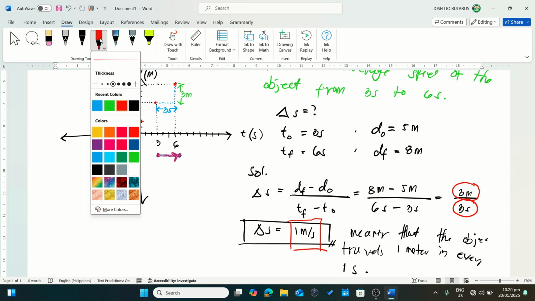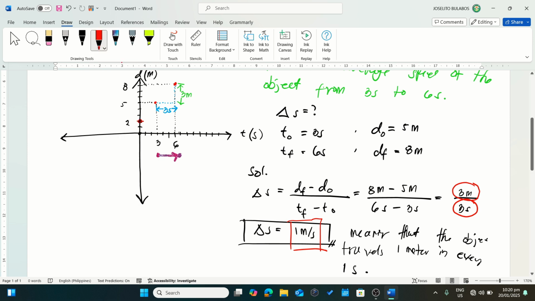And if we draw a straight line that connects this one, this hypotenuse, this red line is the slope, which is equivalent to the average speed.